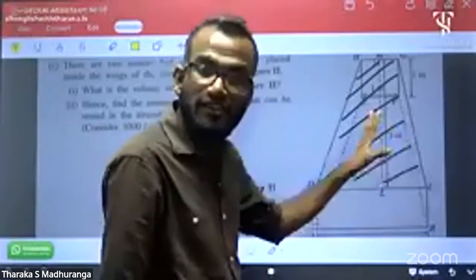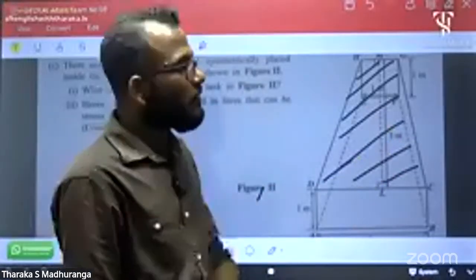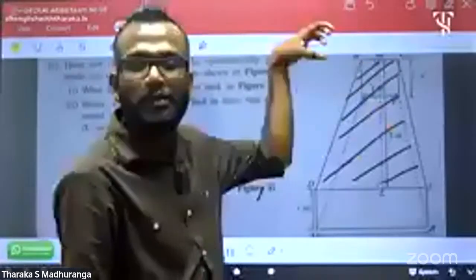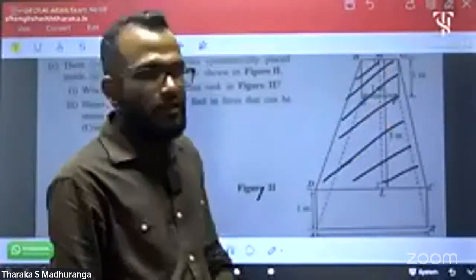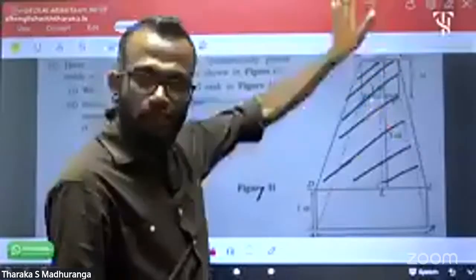Yes, this is a uniform cross-section object. Actually, we call that a trapezium prism. In the lesson I explained, this trapezium is the cross-section. It is uniform until the end.